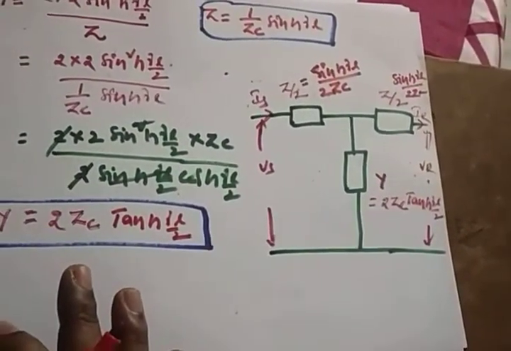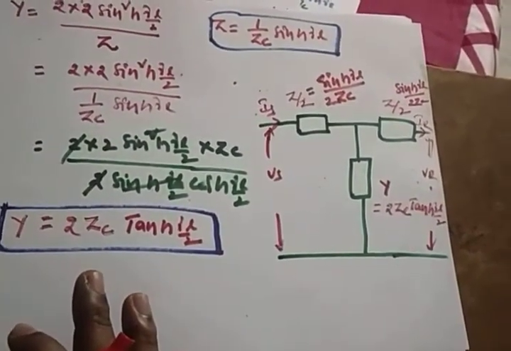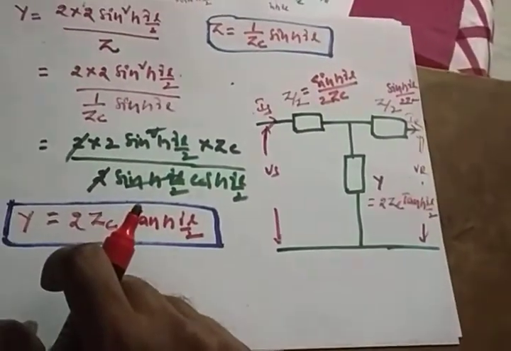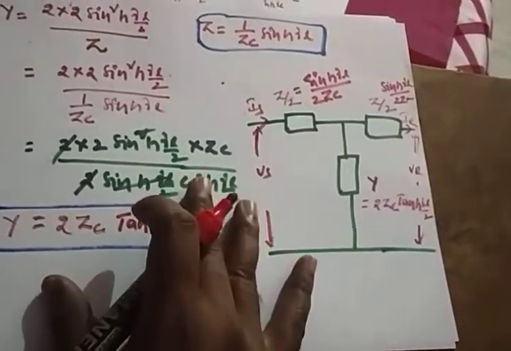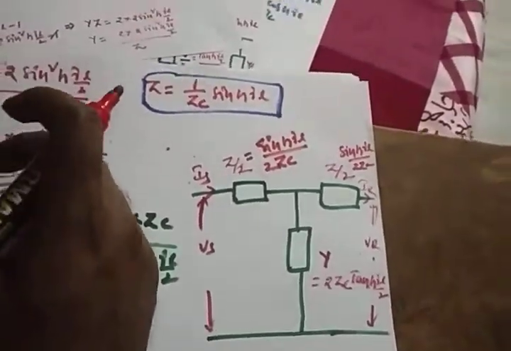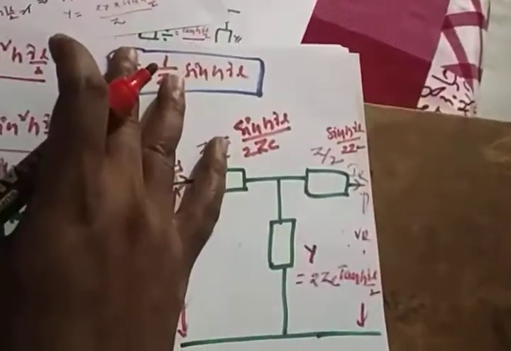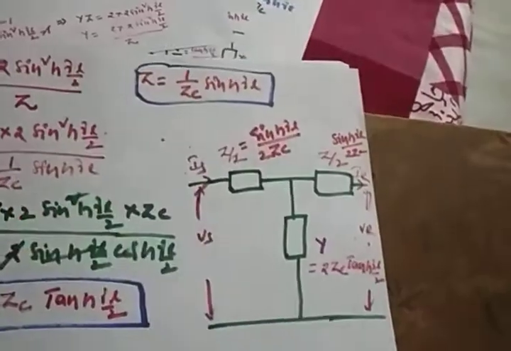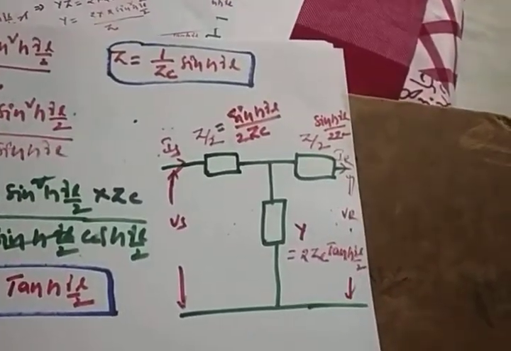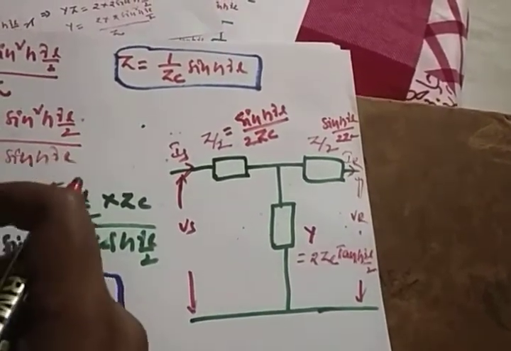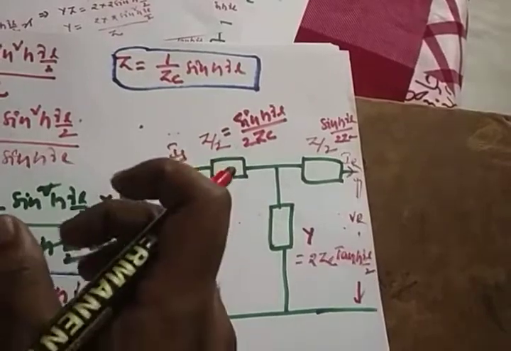After that we discussed the long transmission lines. We also derived the nominal T method representation and nominal pi model representation. For the nominal pi model representation, we derived the equations for ABCD constants for a medium transmission line: 1 plus yz by 2, z, y into 1 plus yz by 4, 1 plus yz by 2.